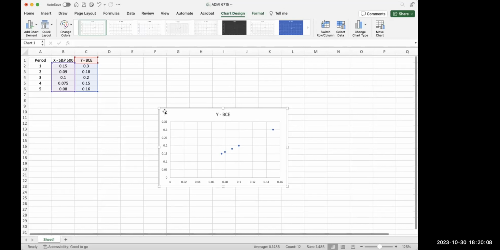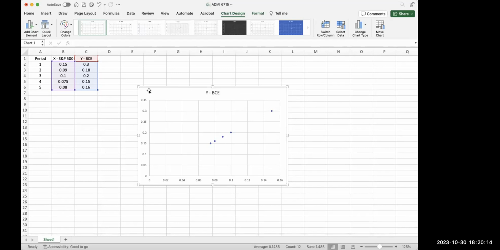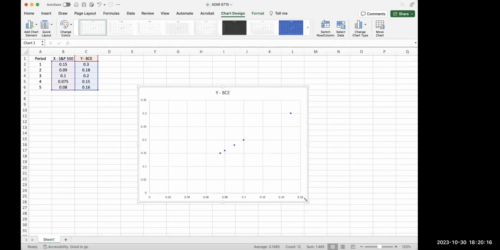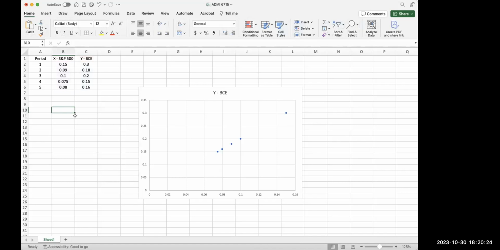So once you get the scatter of the data, you can comment. How would you comment on this data? What would you say? It's positively related. Right, so it's positively correlated. So X and Y, or these two variables, positively correlated. What else?